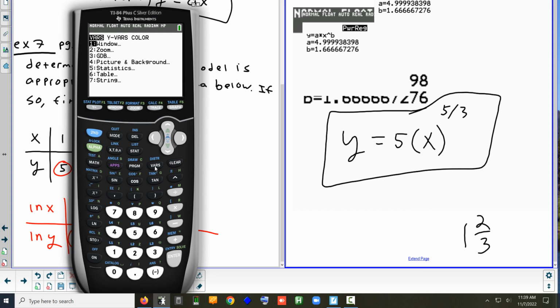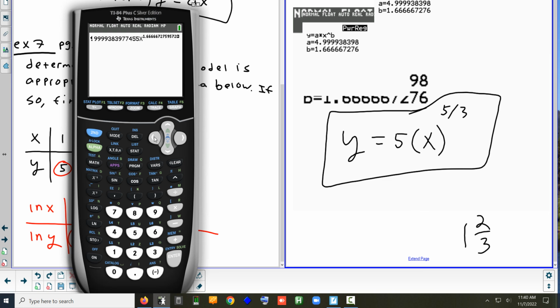Sorry, where did you go? Vars and then option 5. Now, specifically, we calculated an equation. Well, the third option over on the top is for equations. Oh, dang, that's supposed to say. I mean, well. If you press enter right now, it's going to put that equation on the screen.